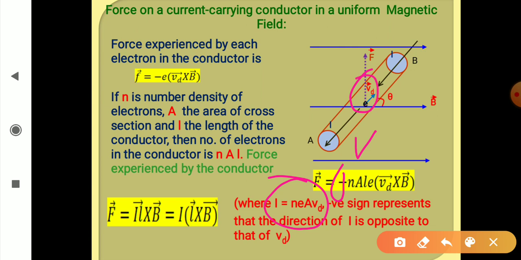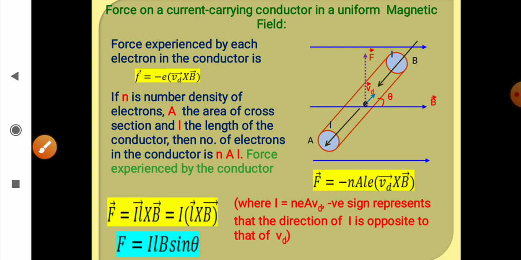So keeping that in mind, we can write F as I L cross B, where L is treated as a vector. You know that length is a scalar quantity, but here we are treating L as a vector quantity along the direction of the current, right?